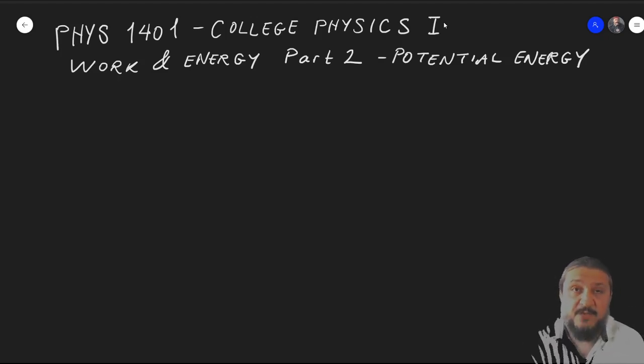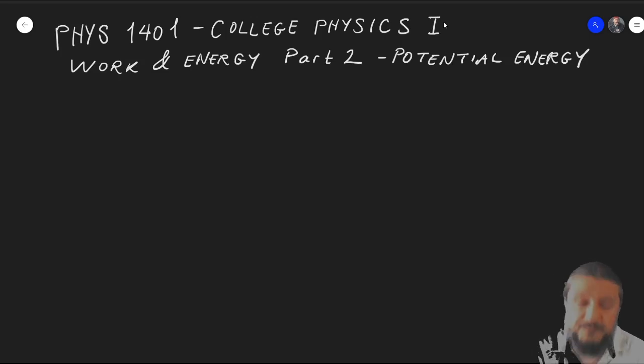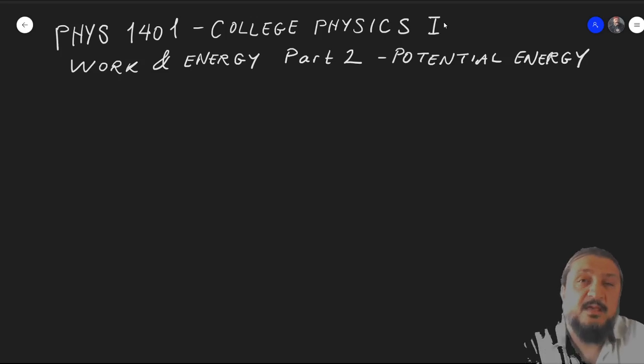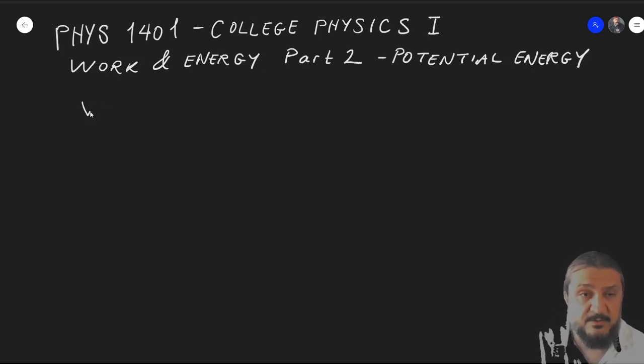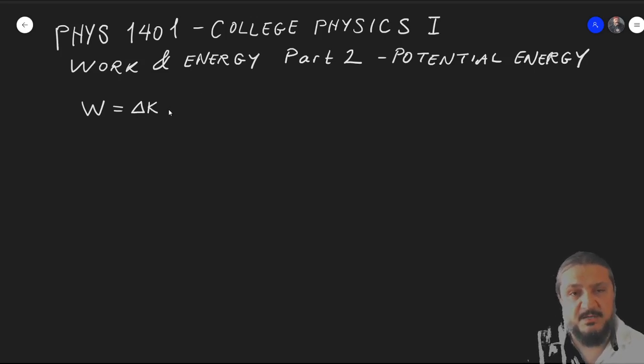Last time I talked about the definition of work, basically force times distance, or the scalar product of the force vector with the displacement vector. And we talked about kinetic energy and the work energy theorem, which can be summarized as the total work done on an object is equal to its change in kinetic energy, where kinetic energy is given as 1/2 mv squared.